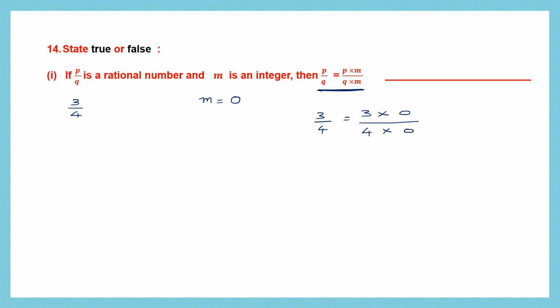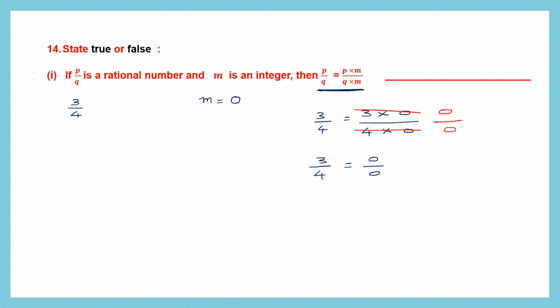Now on the right hand side we have 3 into 0. How much is 3 into 0? Any number into 0 is equal to 0. Now look at the denominator, 4 into 0. Any number into 0 is 0. So here we have 0 by 0.